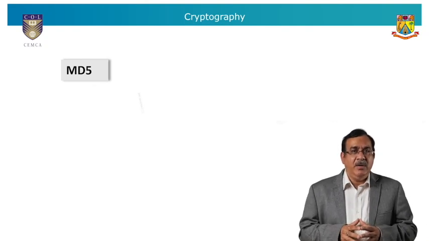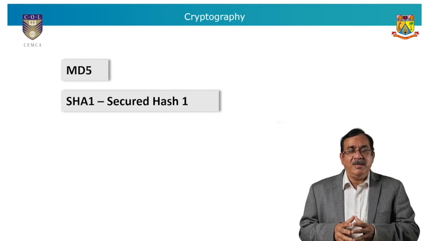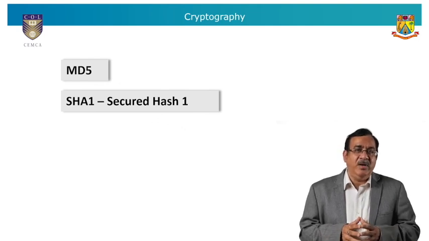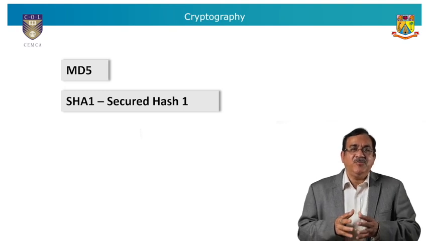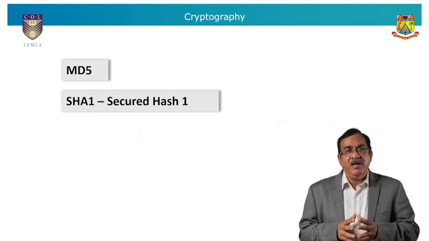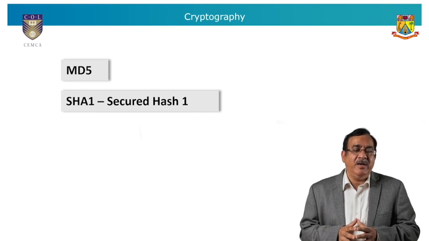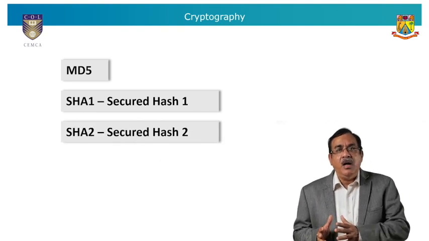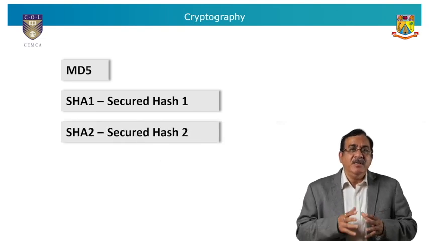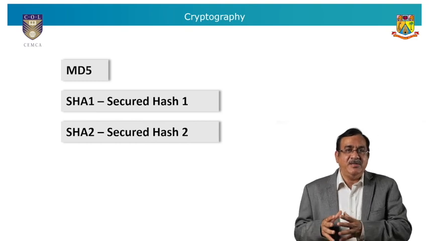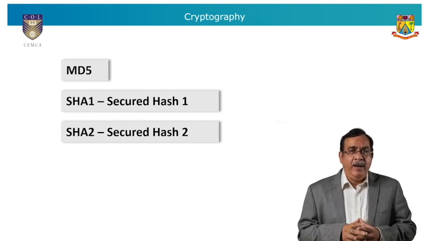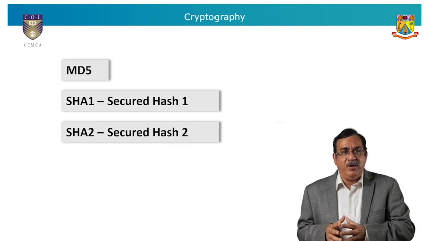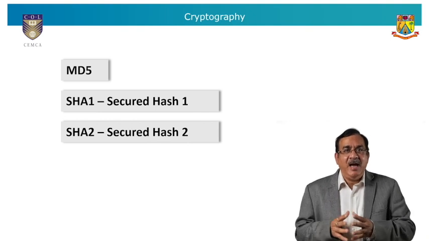SHA-1, also known as Secure Hash Algorithm 1, is the most established of the existing hash functions and was formulated by the National Security Agency of the United States of America. SHA-2, also developed by NSA, includes significant changes from its predecessor SHA-1. It is essentially a family of algorithms consisting of 6 hash functions.